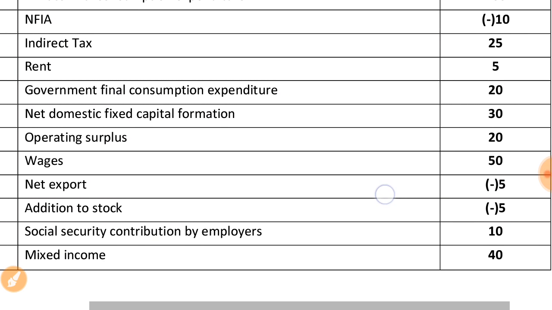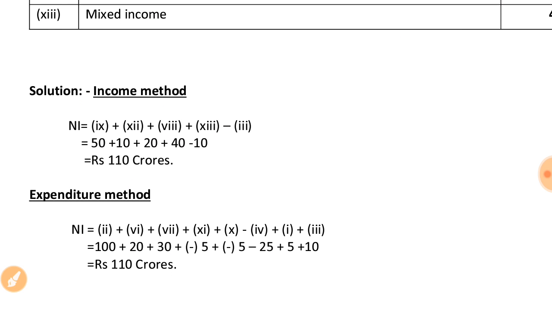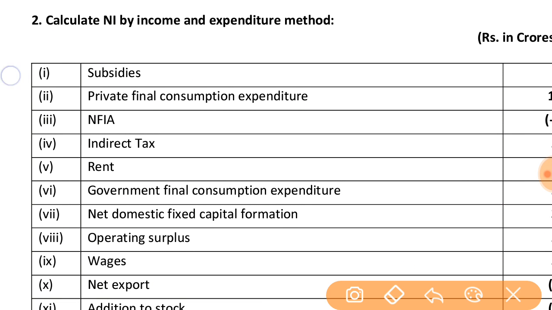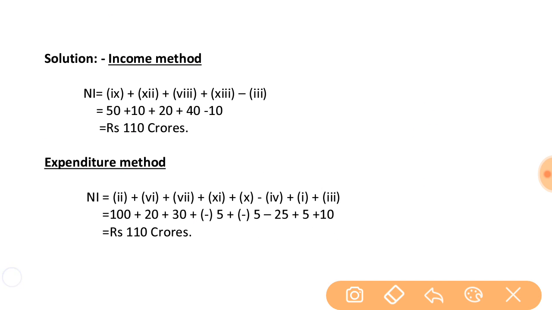Here indirect taxes is 25, so this has to be deducted, that is why minus 25. Again plus 1, what is 1? Subsidies. So it is an expenditure, that is why we have to add it.